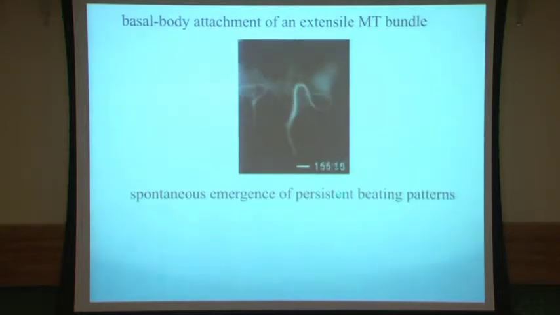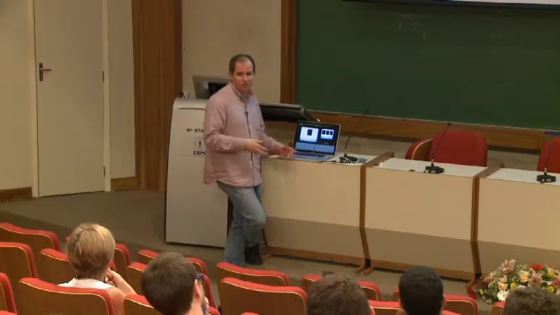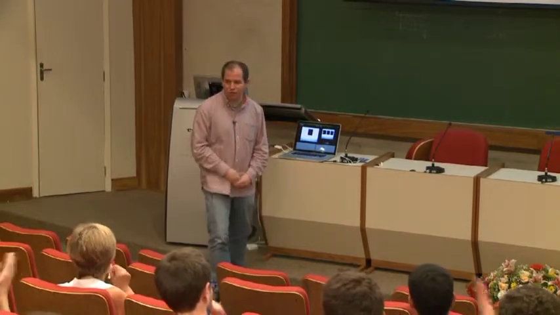But biological spermatozoa has 650 components. This has 3 components, right? I'm not saying that this has anything to do with biology, but it's an interesting instability of these bundles towards beating. And so with that, I'd finish. Thank you for your attention.